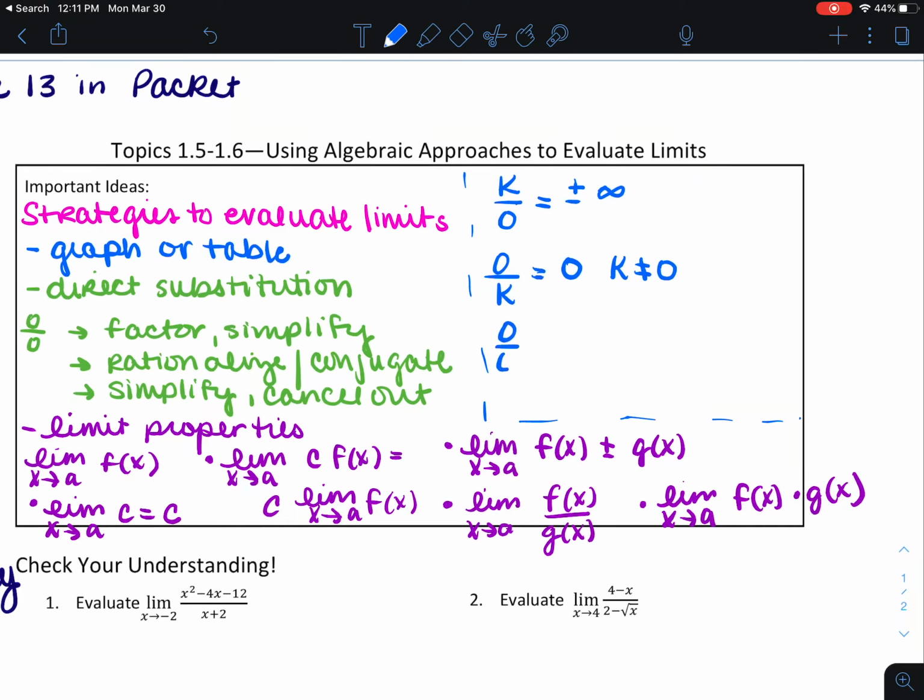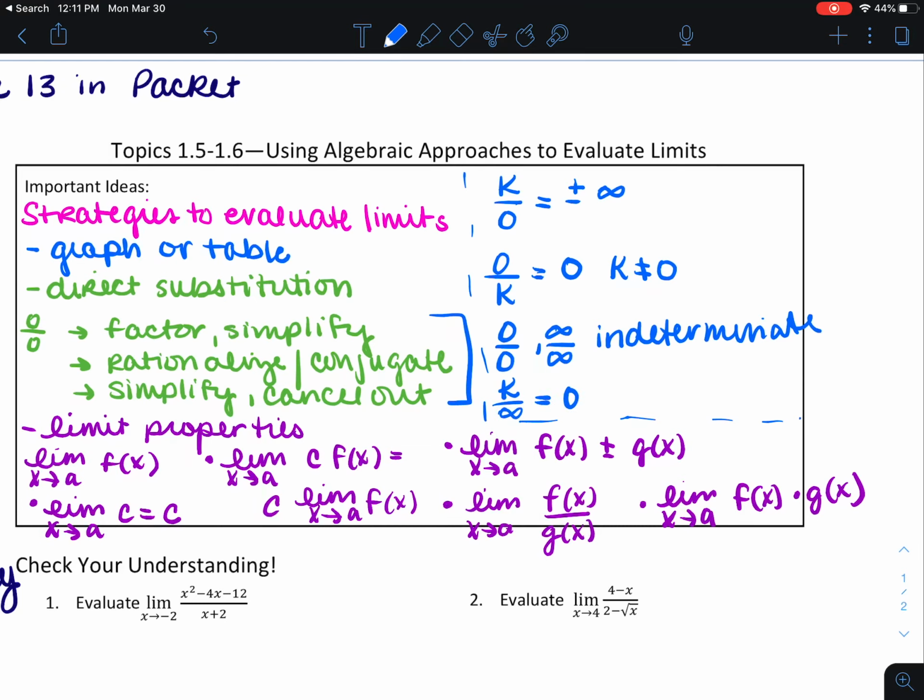If you have 0 over 0, we're going to try all of these different ways over here to solve. There's also, sometimes you'll see infinity over infinity, and these are what we call indeterminate. And then the last one you could get is a number over infinity, and that would mean that we're going towards 0.